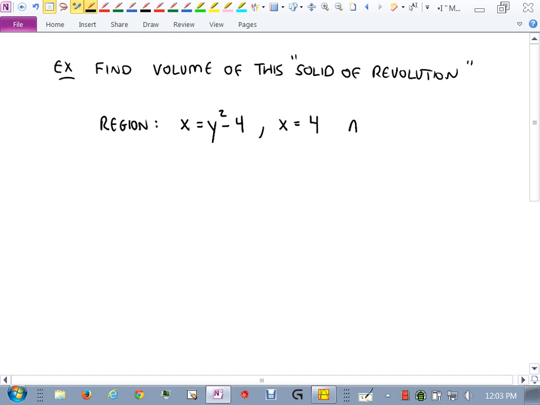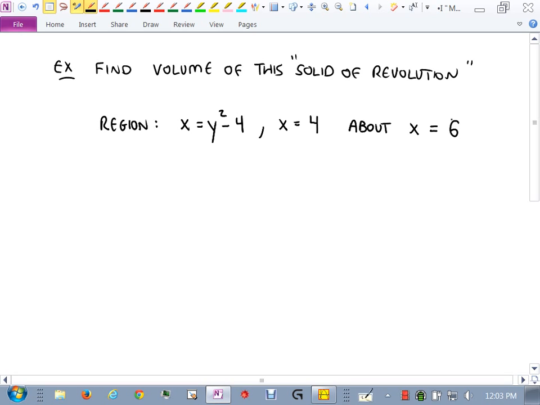And I want to rotate this about x equals 6. Okay, so I just turned up the difficulty a little bit on the problem. Let's see how this becomes a little bit weird. Not weird, we're just going to have to think through this a little bit.